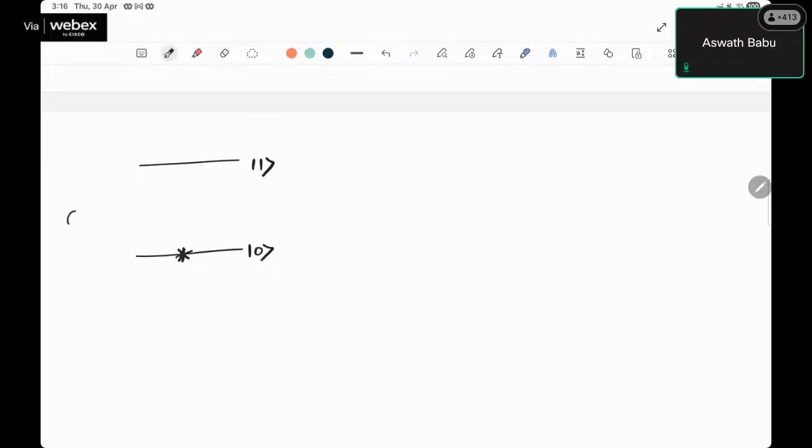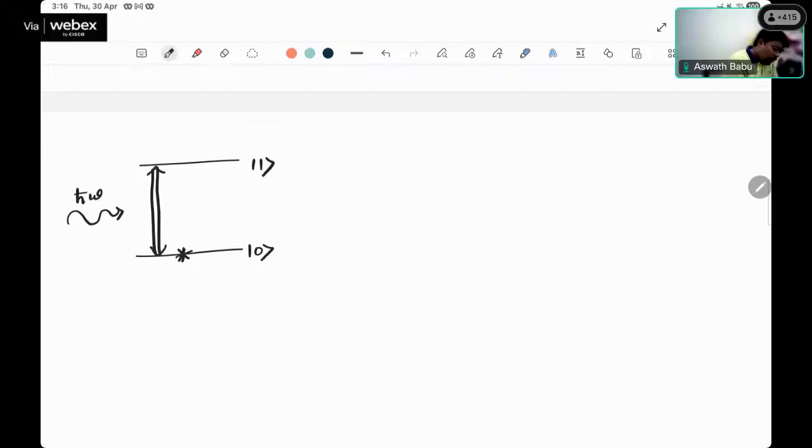When I supply a bunch of photons whose energy is exactly equal to the transition frequency, what happens? This electron has a chance to absorb that energy and go on to stay in the excited state. For how long? Usually from 0 to 1 microsecond, roughly on average 1 microsecond.